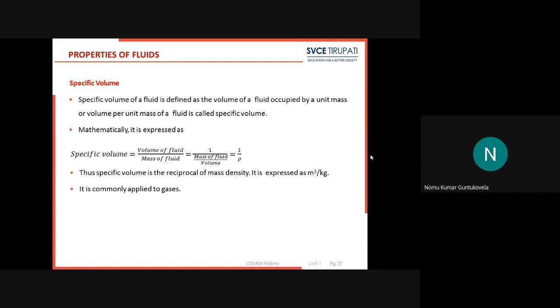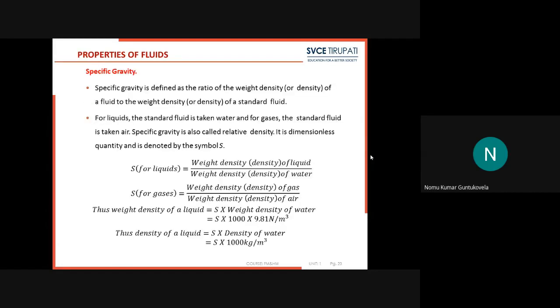Next, we have the specific gravity, which is very important. With the help of specific gravity, we can find out the thickness and viscosity of fluids. We have different specific gravities for each liquid.